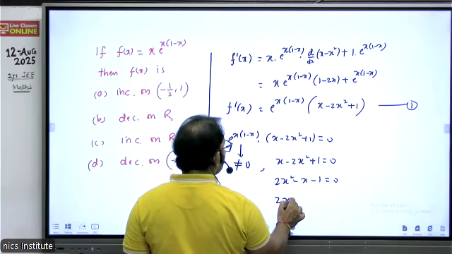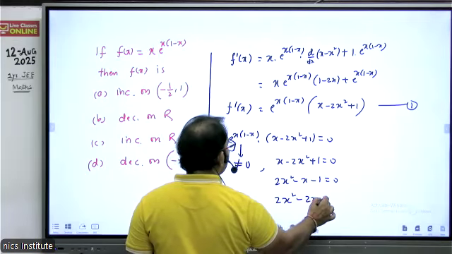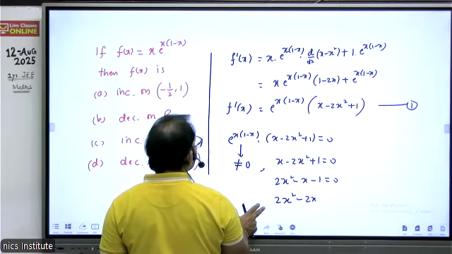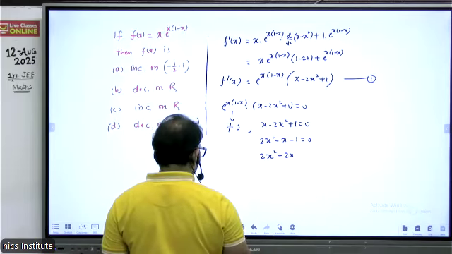Form the quadratic. Middle split. Get critical points.